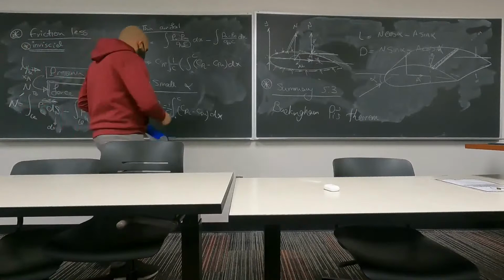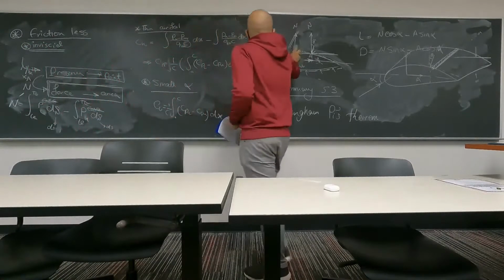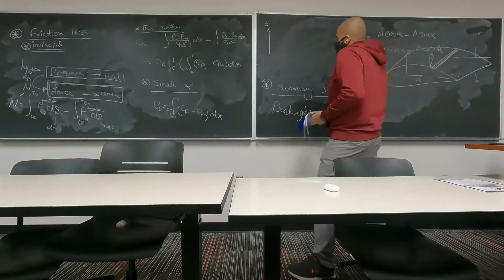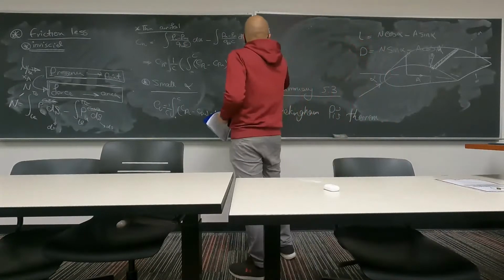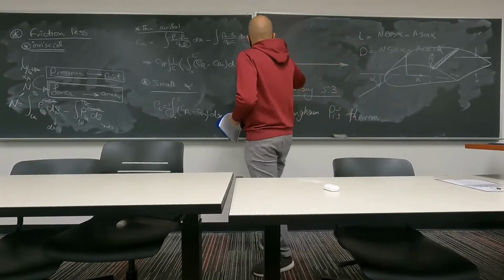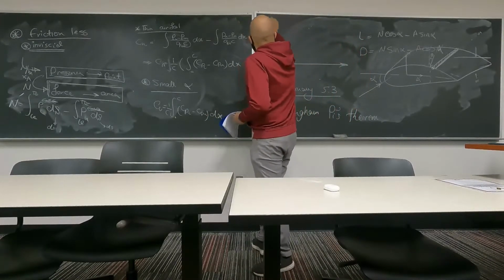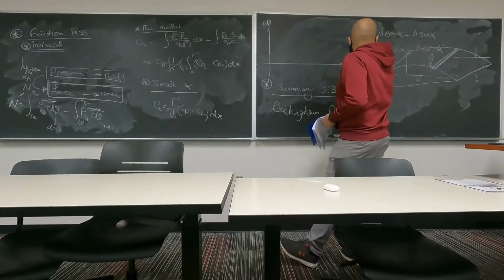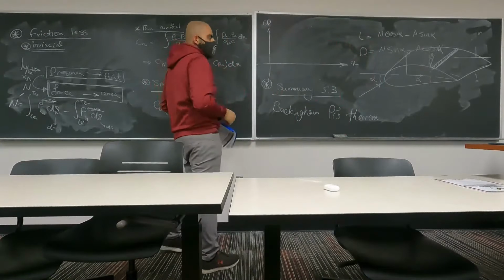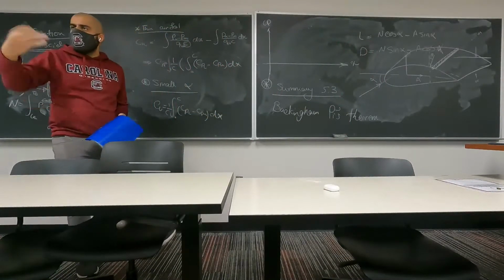So we should be able to calculate this lift coefficient for a thin airfoil, for a case without friction. Well, what does it mean? Let's say we want to have the distribution of pressure coefficient over your airfoil.